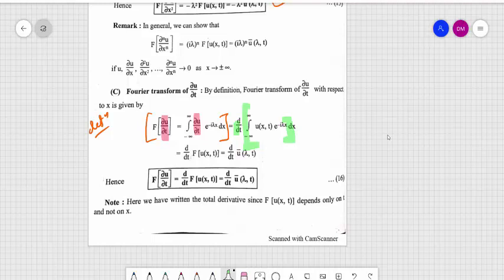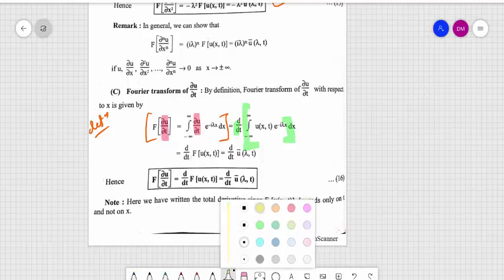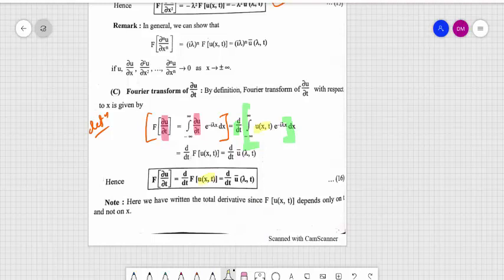Now, by the definition, what is this? This is nothing but the Fourier transform of u. Fourier transform of this function, that is this. So this is nothing but ū again.